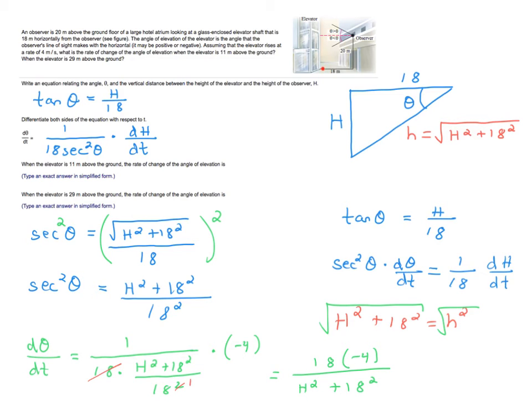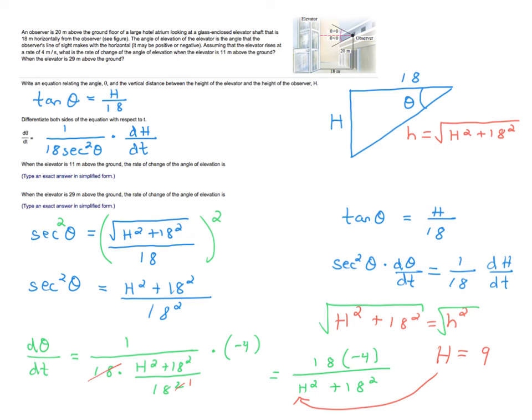We're told the elevator is 11 meters above the ground, but h is the distance from the elevator up to the height of the observer, so I really want to use 9 for h instead of 11. So what I'm going to do is plug in h is equal to 9, and that's going to go right here.